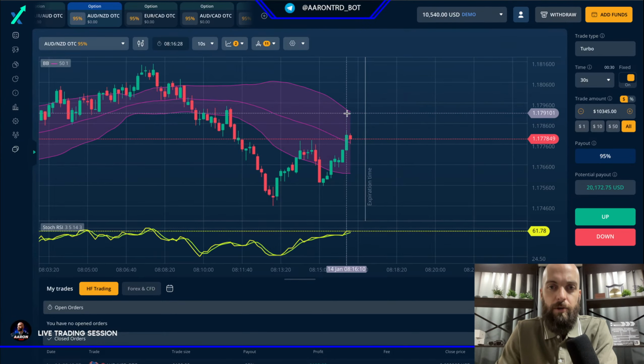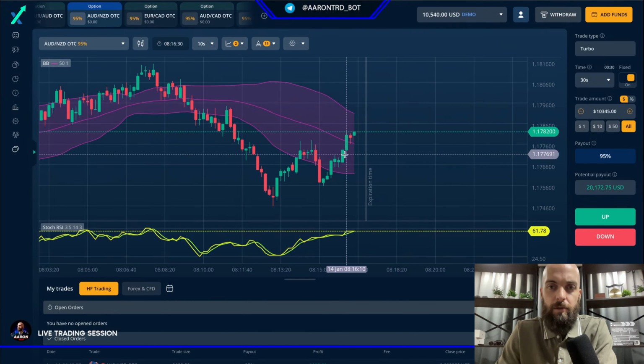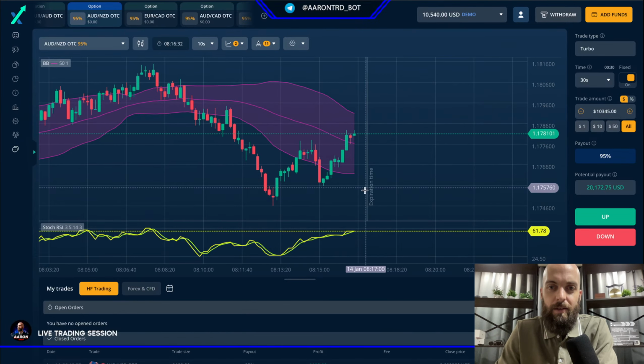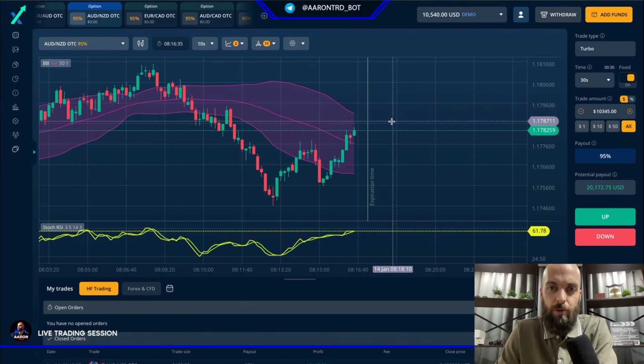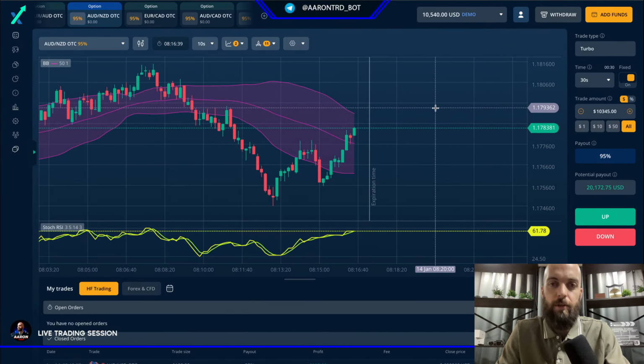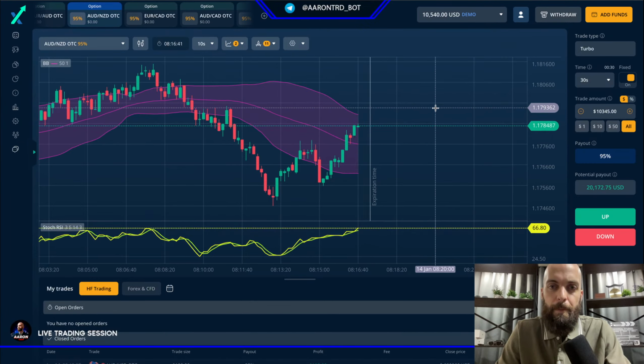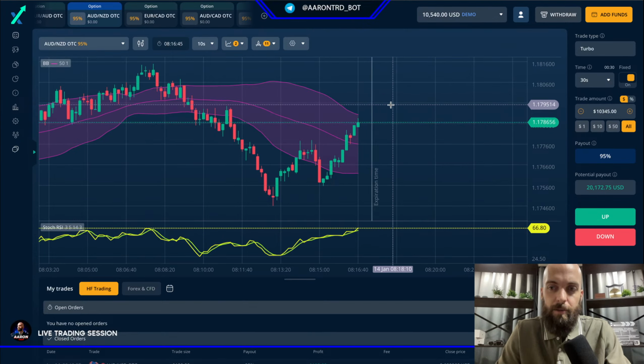You know, when the bands are so wide, it can very well just go straight up to the top, because that means the volatility is pretty crazy. And it looks like that's what it's about to do.